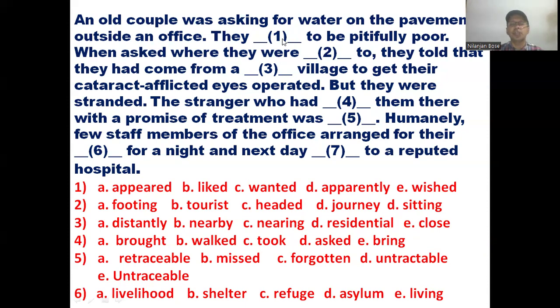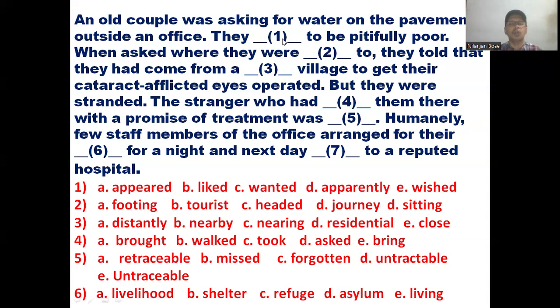And at the end of the story, it is quite explicit that a few staff members of the office are arranging something and they will take that particular patient to a reputed hospital. It's quite a simple passage, right? So you have an overall grip over the passage that yes, the passage is talking about a particular story, and in the story there are certain incidents which took place.